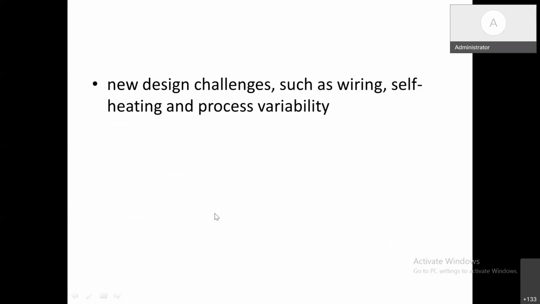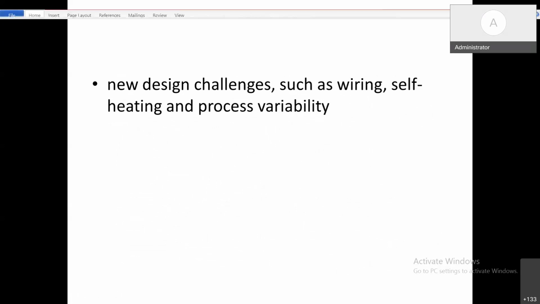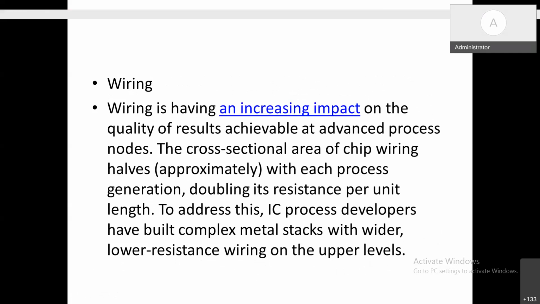So other design challenges are wiring, self-heating, and process variability. Wiring is having an increasing impact on the quality of the results achievable, and the cross-sectional area of the chip wiring with each process generation is going to double its resistance per unit length.